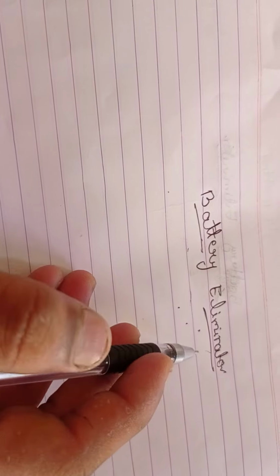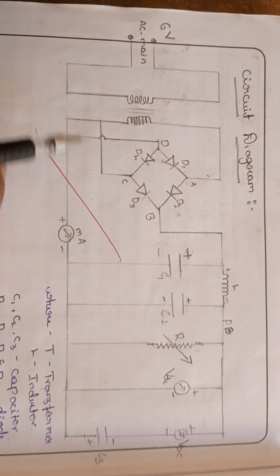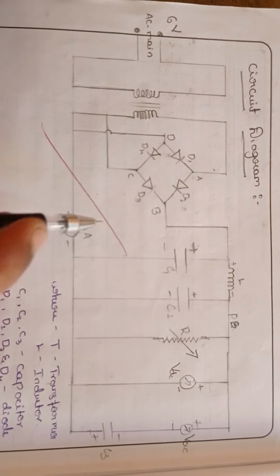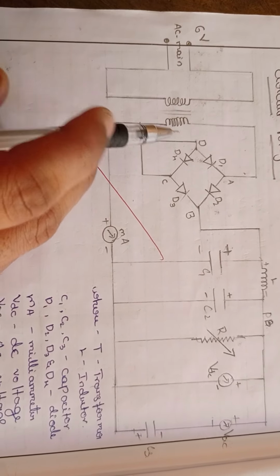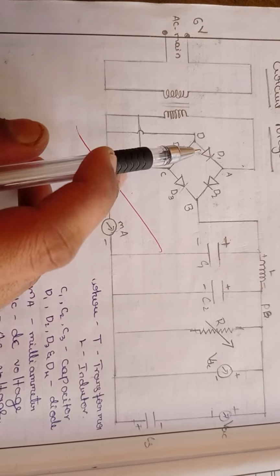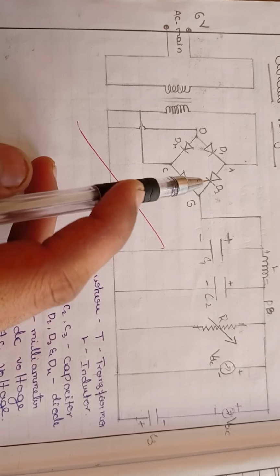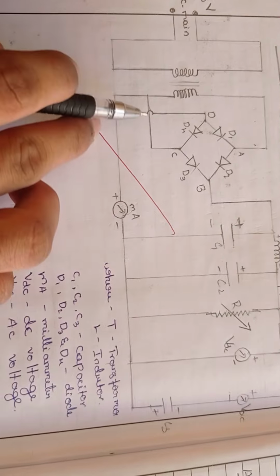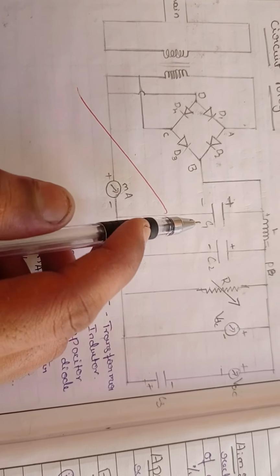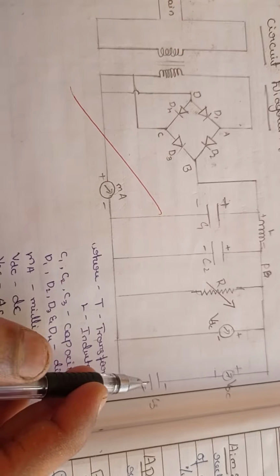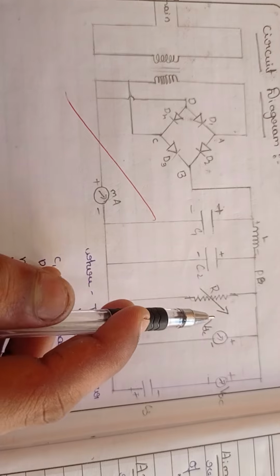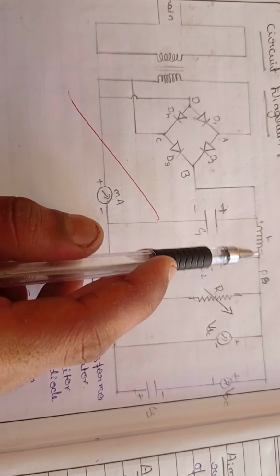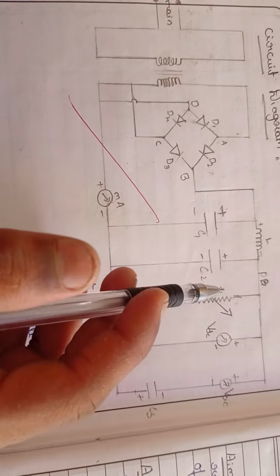Circuit diagram for the battery eliminator is, I will show you. This is the circuit diagram for the battery eliminator. Here we use AC mains source for power supply to the circuit, and these D1, D2, D3, D4 are the diodes which are connected to the breadboard, and also C1, C2, C3 are the capacitors, and L is the inductor, and R is the variable resistance, and PB is a power bus.